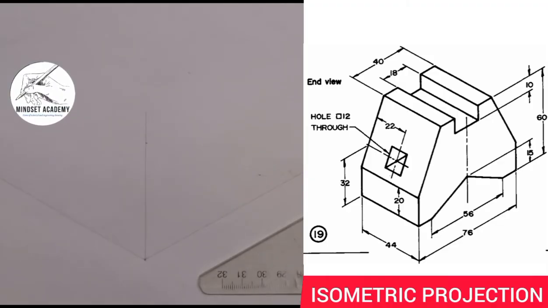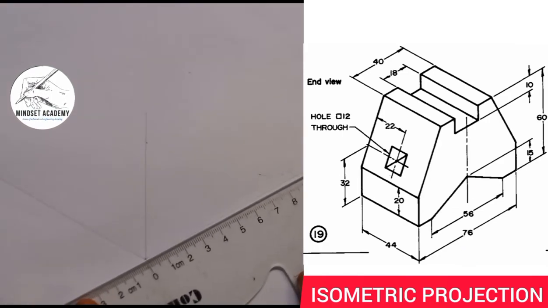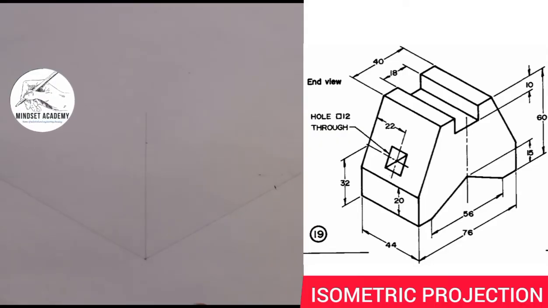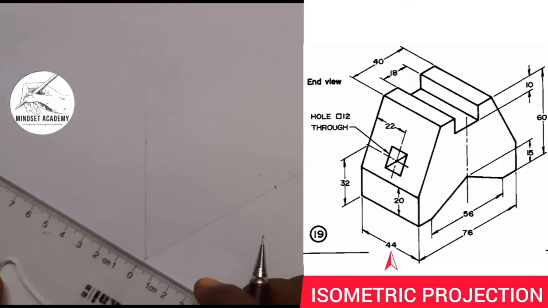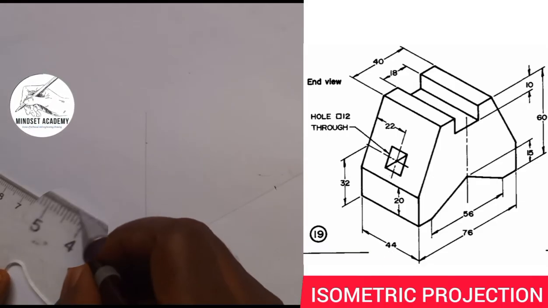The entire length is given to be 76, so I'm going to measure 76 from here, from 0 to 76. Then the width here is given to be 44, from 0 to 44.